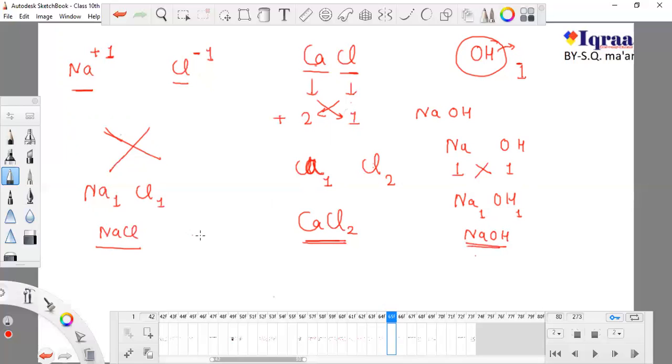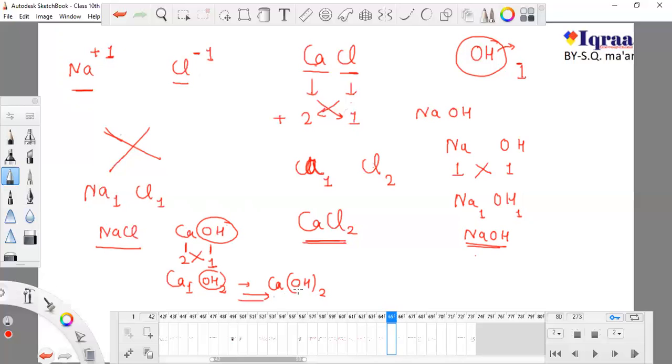But if I have to use calcium hydroxide, I know that valency of calcium is 2 and valency of hydroxide is 1. So I will cross their valency and calcium will get 1 and hydroxide will get 2. So the formula will be Ca(OH) whole twice, because OH is coming together. The oxygen and hydrogen are together, they are not separated. So I will use this one.